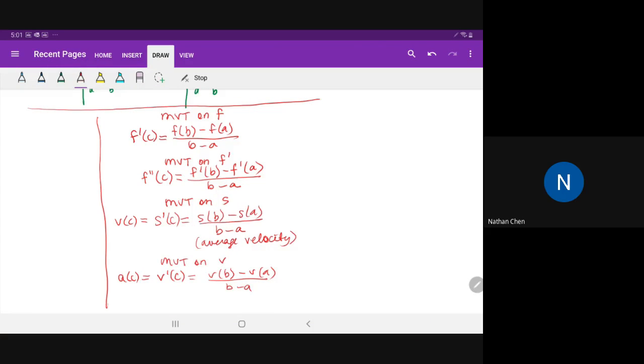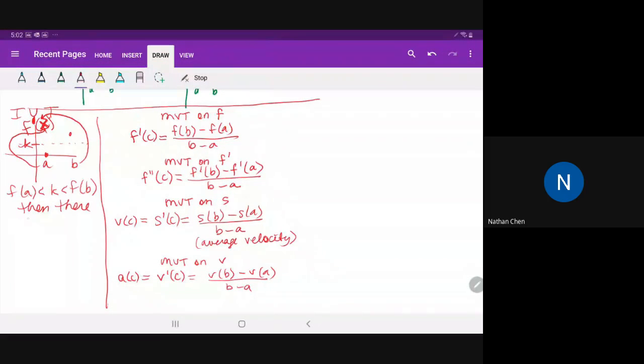So these are the mean value theorems, but this is intermediate value theorem: if I had an F prime graph, F prime of X, I could use the K thing to find it, because A and B being here, when I substitute them into F prime, my determination would be that if F prime of A is less than K, less than F prime of B, or vice versa, then there exists a C in the interval A to B such that F prime of C equals K. It's all about which graph you do.